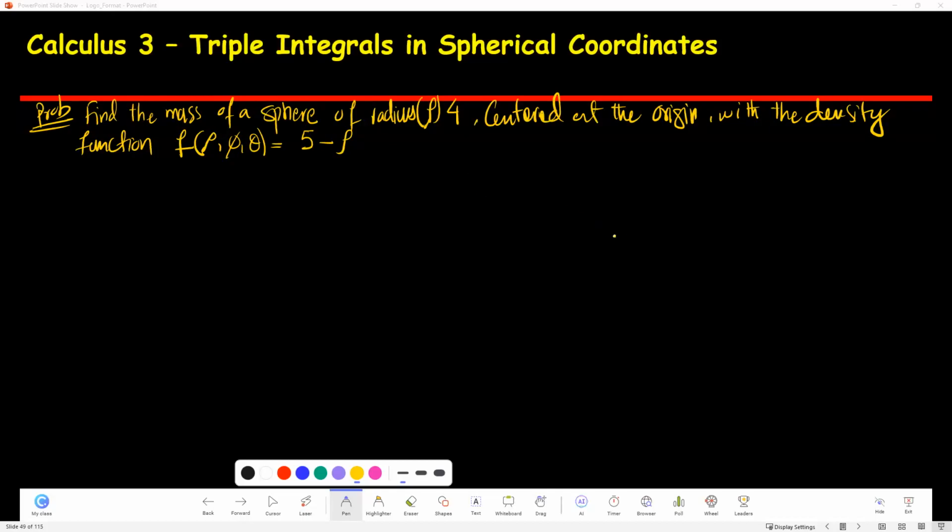So really what this is, it's going to be just a sphere. I'm going to draw the sphere. That's a 3D sphere, so I'm going to make these dotted lines, and a dotted line this way. And this sphere has a radius of 4. So this radius goes from the center to here, my rho equals 4. Since I'm seeing everything from the top, it's going to look like a circular object.